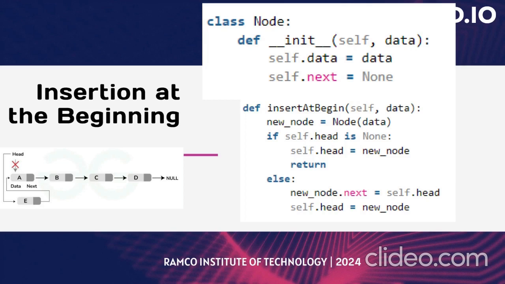That is, I'm storing the head value in the new node's next part. So E is pointing to A now. Now we have to change the head value to new node, which is in the second line. After these two steps, E will be inserted at the beginning. So head will be pointing to E, and E will be pointing to A.